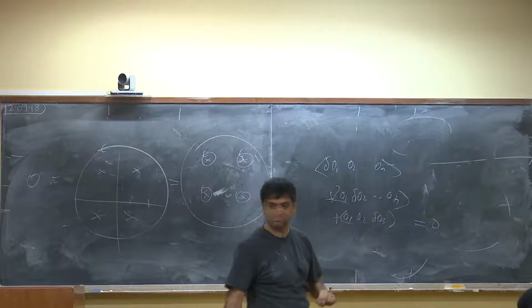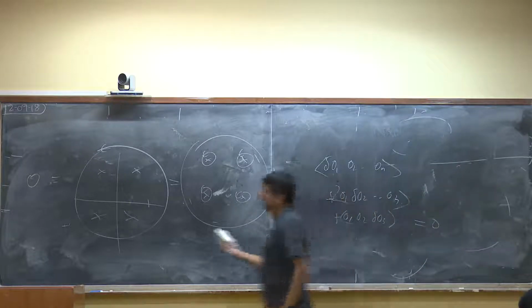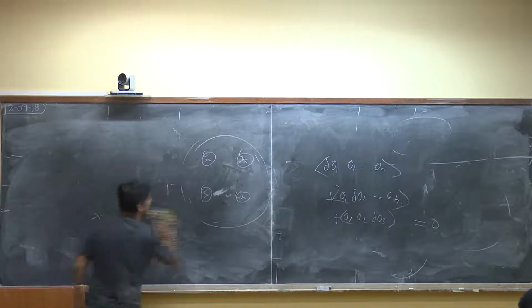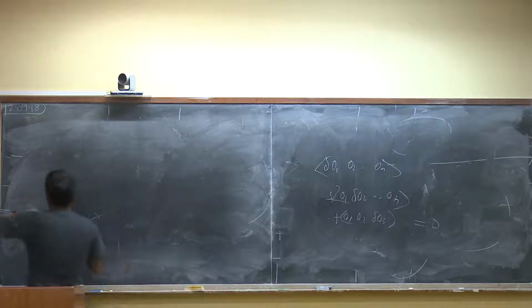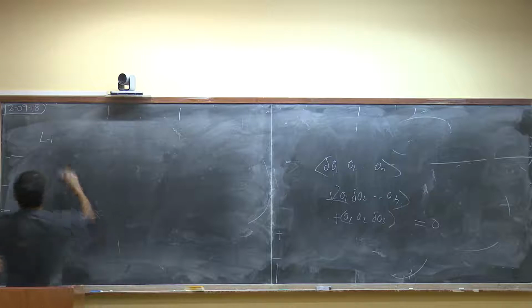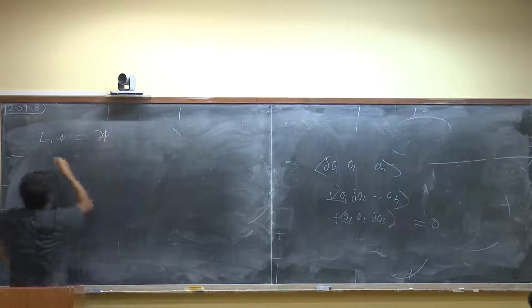Okay? Now, let us recall how a primary operator transforms under SL2R. We had that written down, but I'll write it again. L minus 1 of phi was equal to del phi.